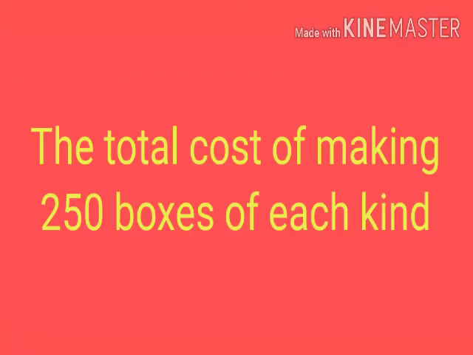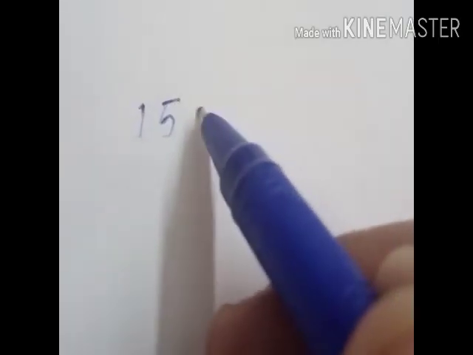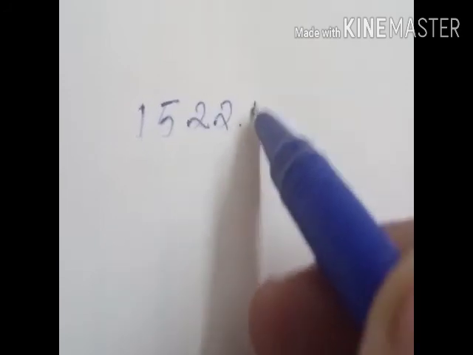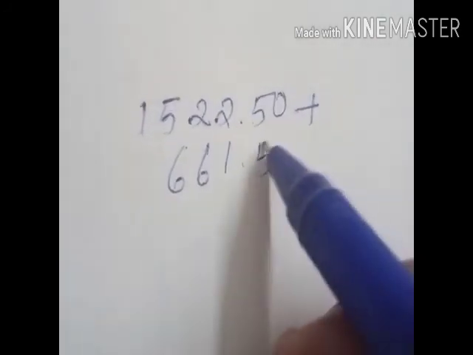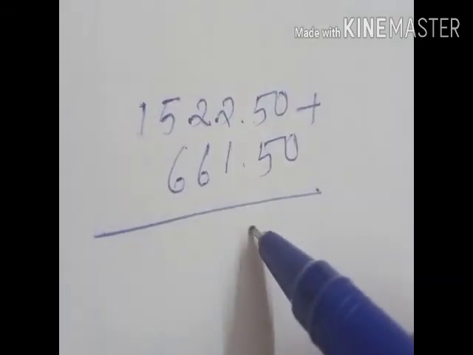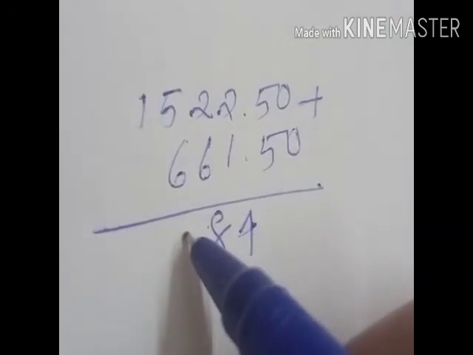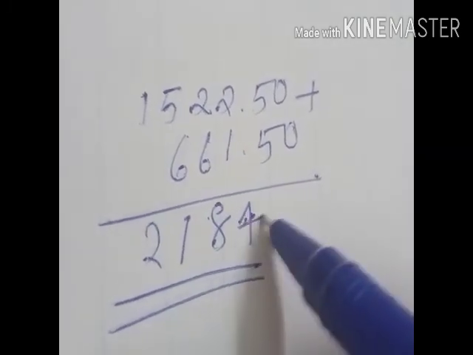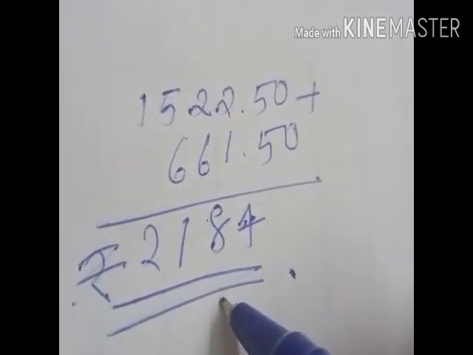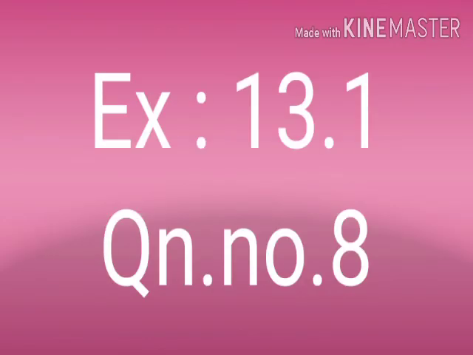So the total cost of making 250 boxes of each kind equal 1522.50 plus 661.50. That is equal 2184 rupees. Now exercise 13.1 question number 8.